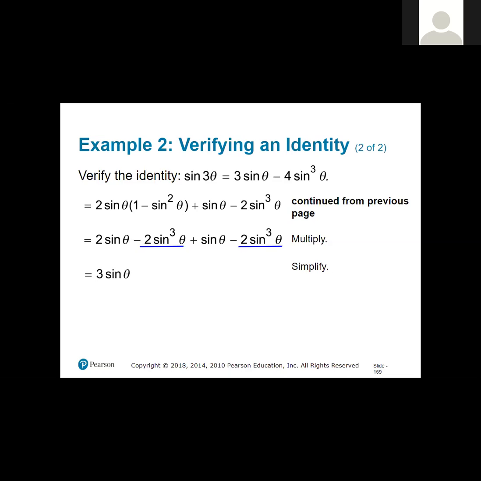Very good. Give you a minute to write that down, and then we'll move on. You got the idea? It's not too difficult, right? The first step was the toughest one. It just seemed simple, but that was a tough step. The rest is just applying what you've already learned. So sine of alpha plus beta, sine of alpha minus beta, cosine of alpha plus beta, all of that is going to come back around.